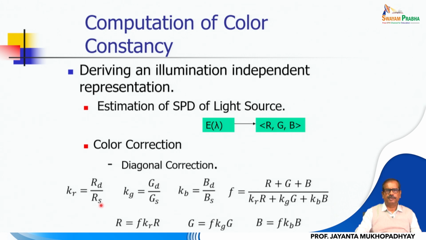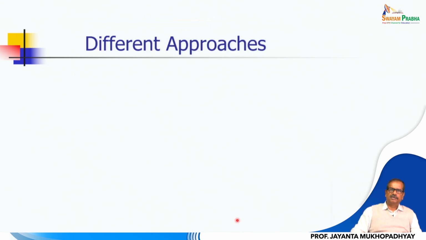You compute these coefficients or fractions kr, kg, kb, and also f, these factors, using the values of RGB for a particular RGB, and then finally you compute the updated red, green and blue, given the original red, green and blue.